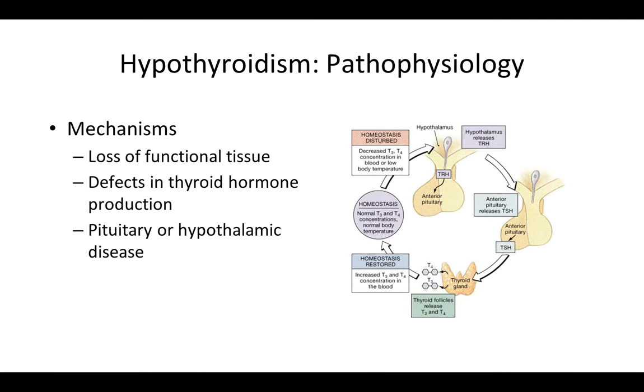So in Hashimoto's thyroiditis, which is the most common type of autoimmune thyroiditis, the body pathologically recognizes thyroid antigens as foreign, and this leads to a chronic immune response against the tissue of the thyroid gland, and eventually this causes atrophy of the follicles. The follicles are what create the thyroid hormone within the thyroid.